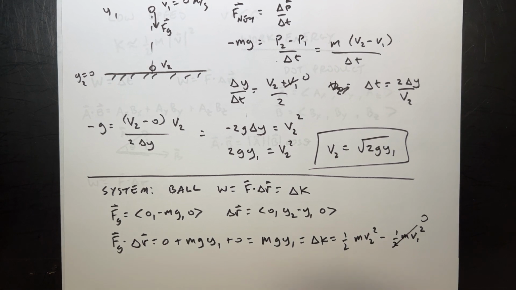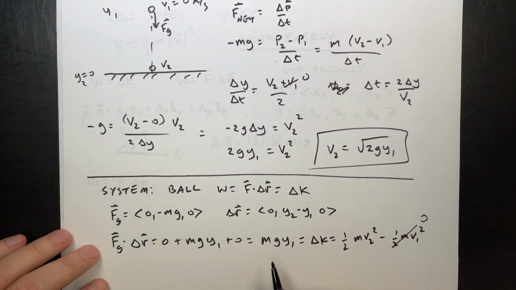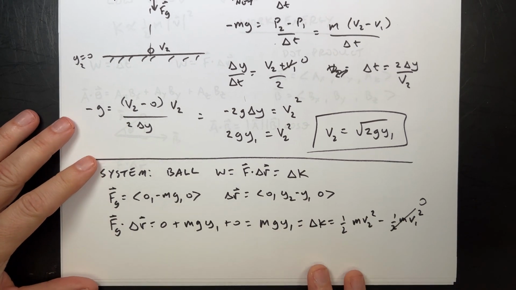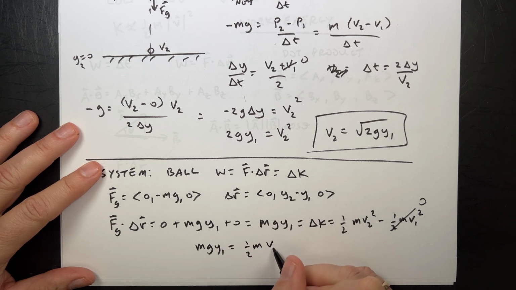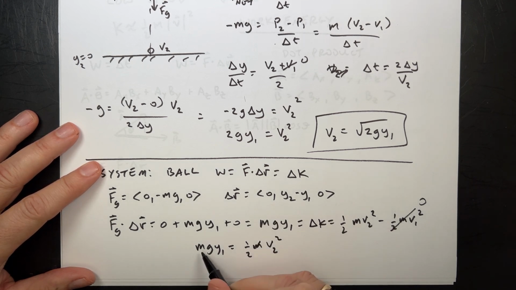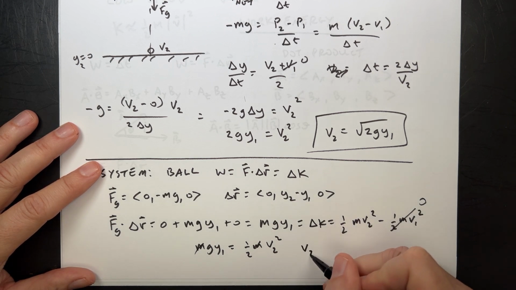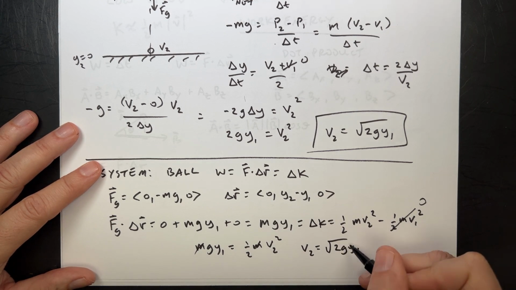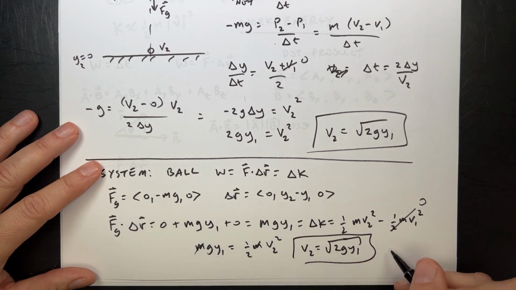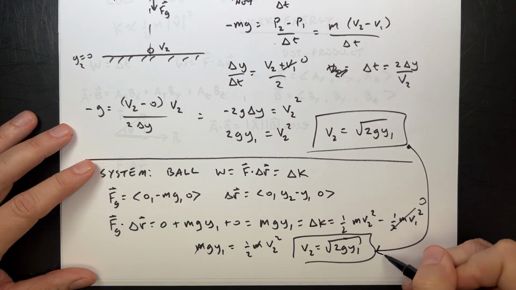So now I have this is equal to that. mg y1 is 1/2 m v2 squared. Mass cancels. Multiply by 2. Take the square root. v2 is the square root of 2g y1. So this is just an example, but you see we get the same answer either way.